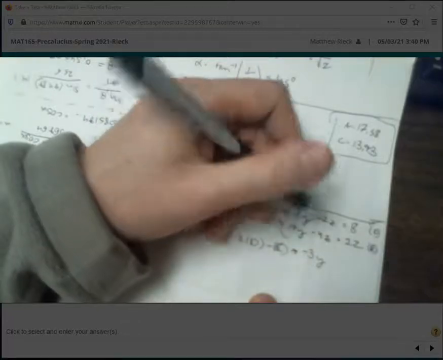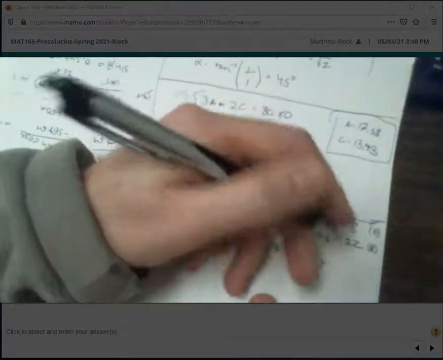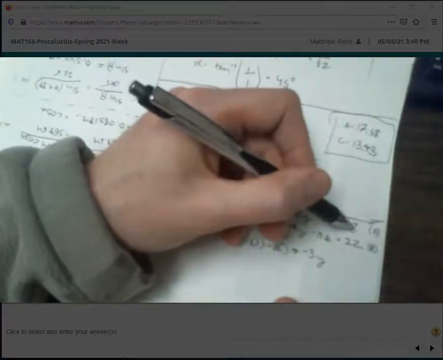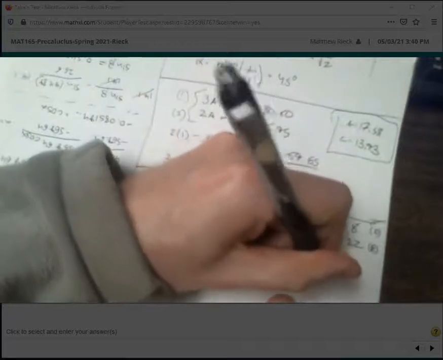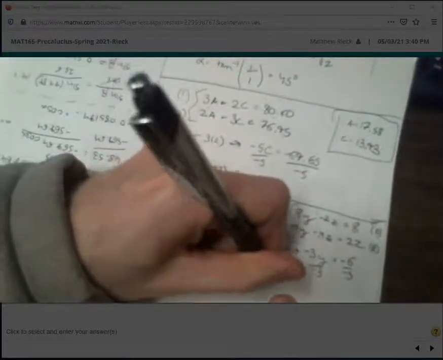And then 2 times negative 2 is negative 4, minus a negative 4 ends up eliminating the variable z. And we have 2 times 8, which is 16, minus 22, which is negative 6. All right, and then we can divide both sides by negative 3. So you end up with y equals 2.